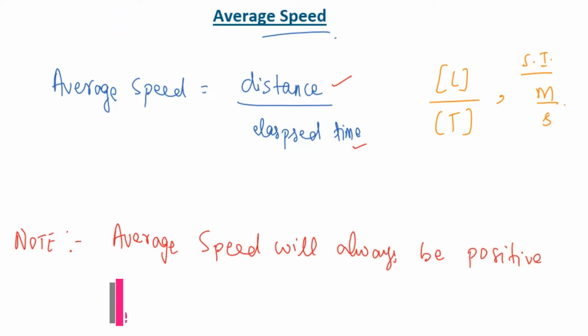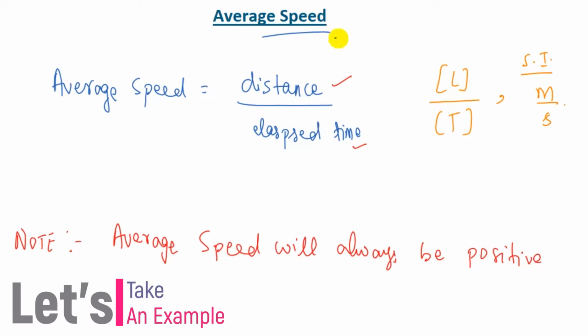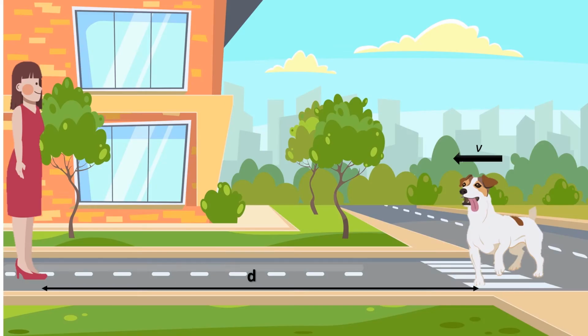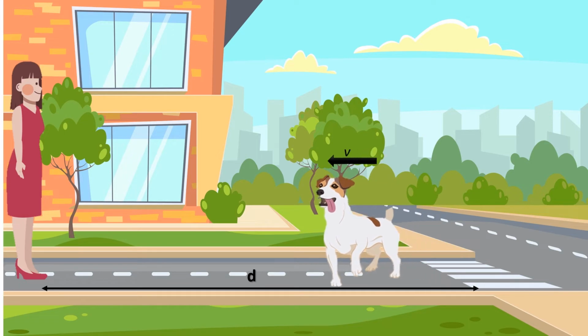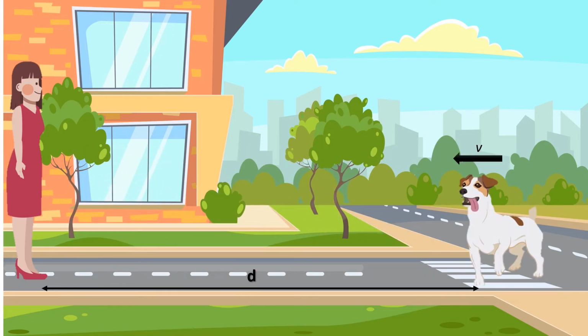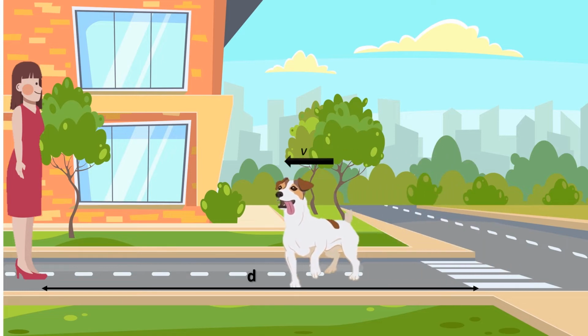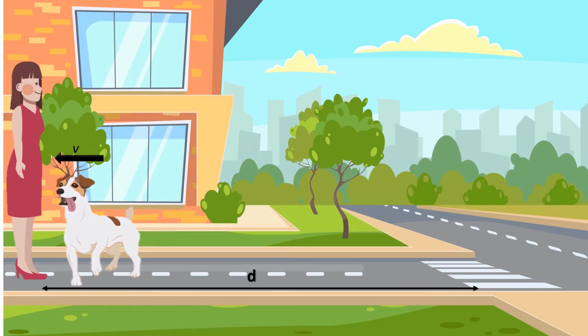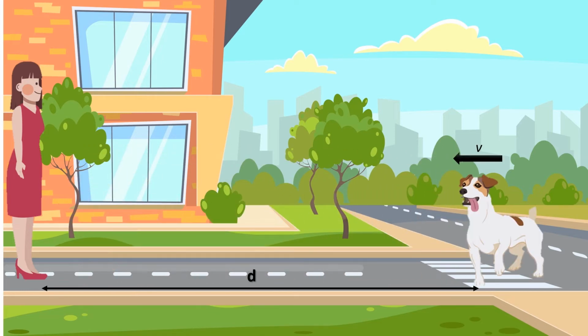Now let's take an example to understand this term better. In this video we see that a dog runs back to its owner with an average speed v, and the initial distance between the owner and the dog is d.